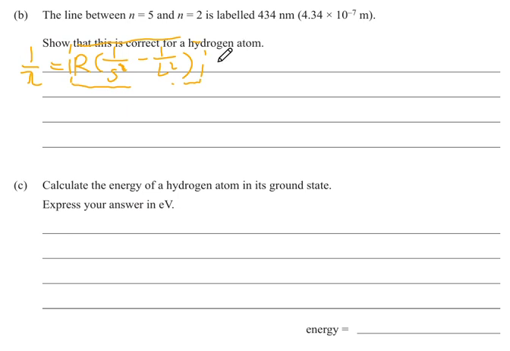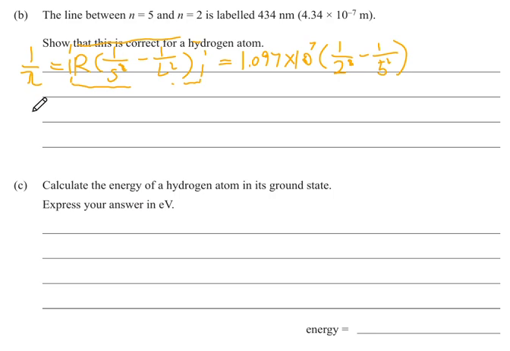Now we want to calculate it. Rydberg's constant is 1.097 times 10 to the power of 7, times 1 over 2 to the power of 2 minus 1 over 5 to the power of 2. So this is actually 1 over lambda.